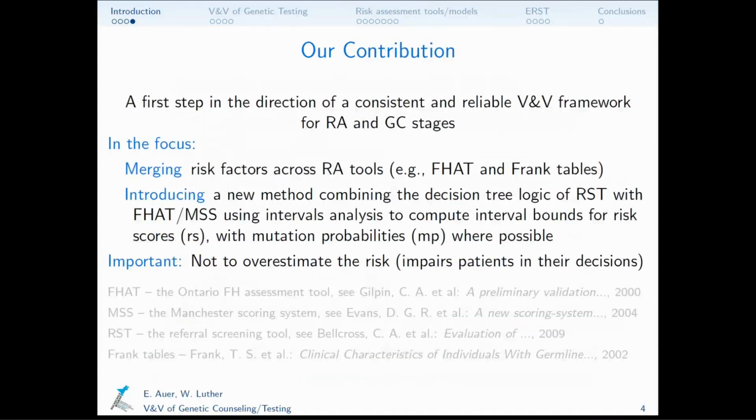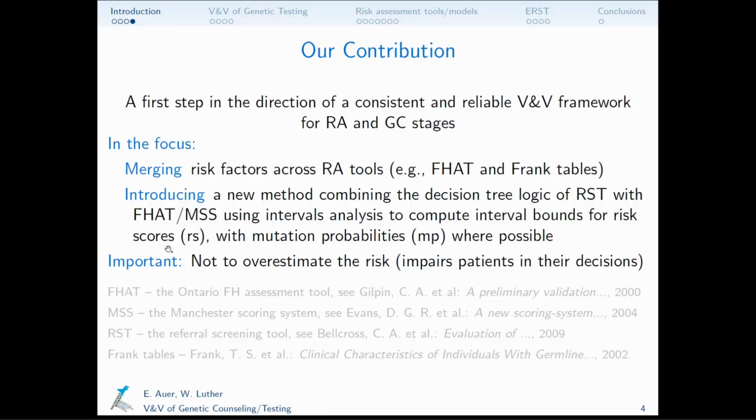So our contribution in this talk is a first step in the direction of a consistent and reliable verification and validation framework for risk assessment and genetic counseling stages. In the focus are the following points. First, we want to merge risk factors across risk assessment tools. We consider these four possibilities for that.